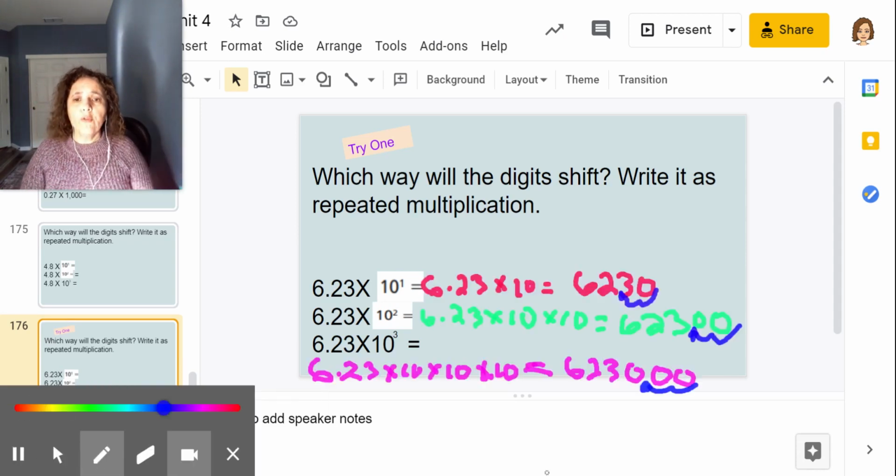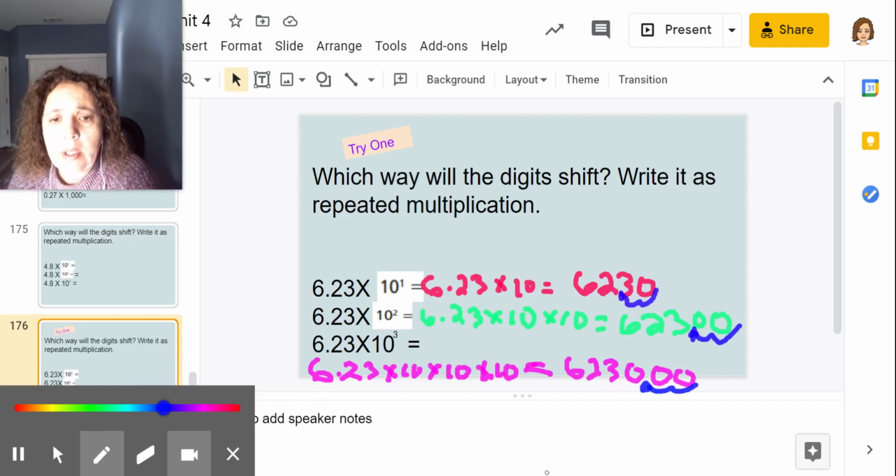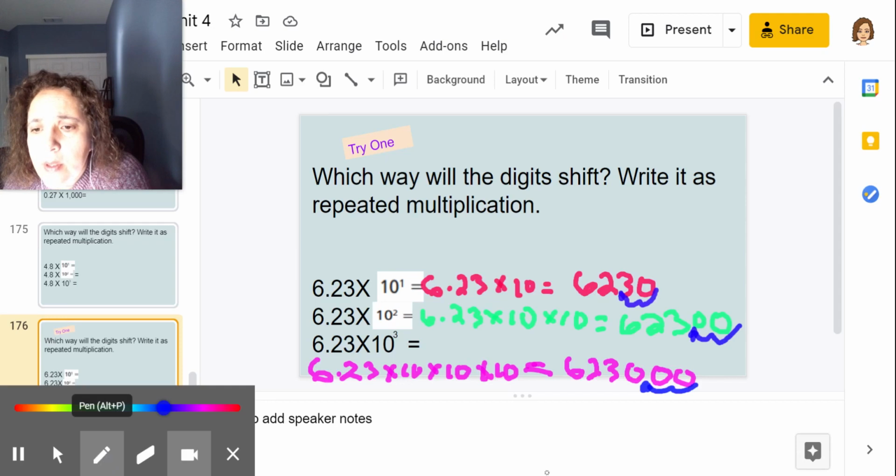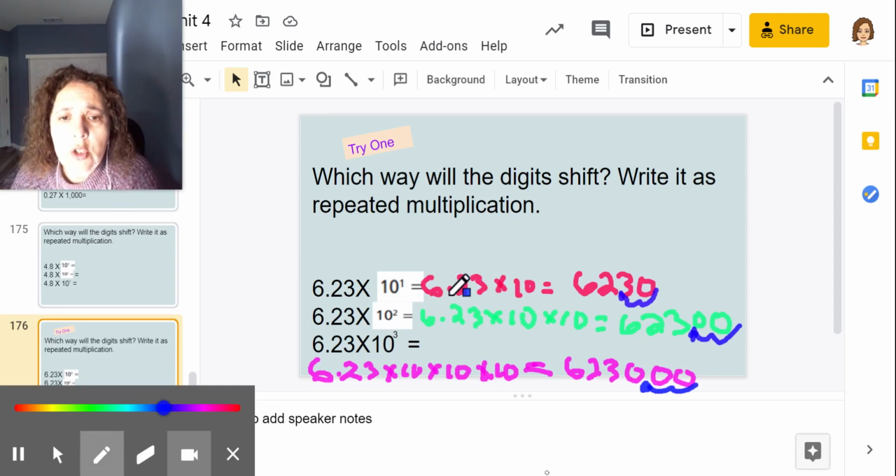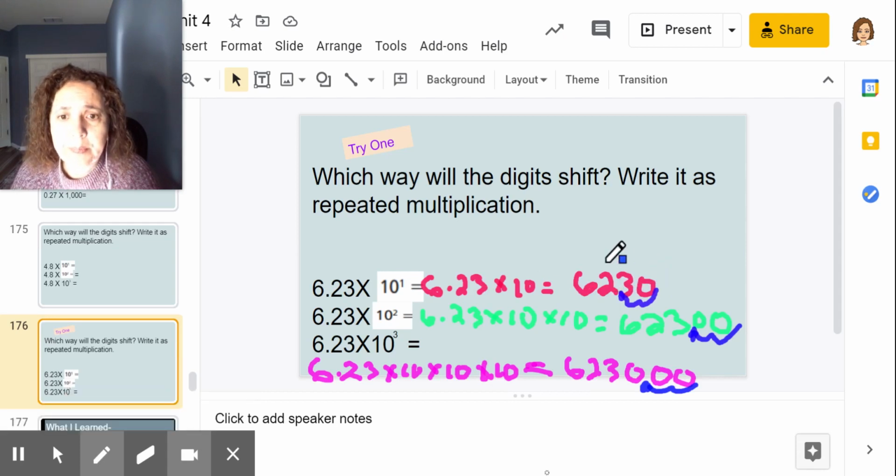All right, so hopefully for the first one here you got 6.23 times 10, just 10 because you only have one 10. So it's basically 6, ignore the decimal, 623 times 10, 6,230. Two decimal places, so 62 and 3/10.